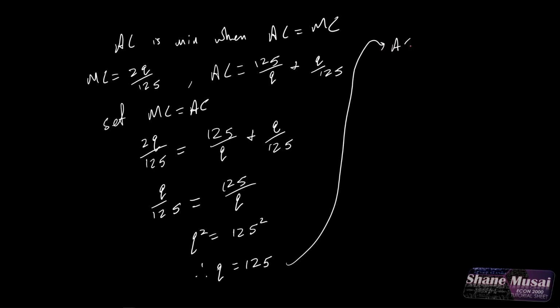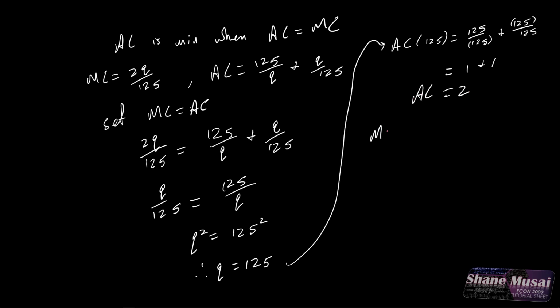Well, when Q is 125, this is equal to 125 divided by 125 plus 125 over 125. Remember, because this was Q and this was Q here. Therefore, this is equal to 1 plus 1, which is just equal to 2. Therefore, your average cost in the long run would equal 2.